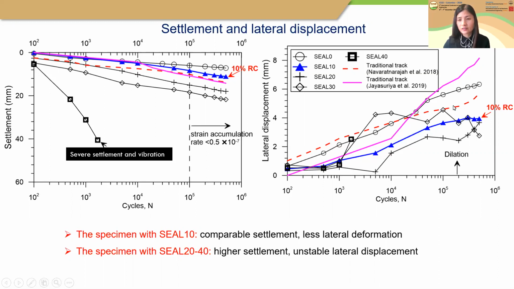As you can see, there is a fluctuation in the lateral displacement, which may cause some unstable lateral movement. So this is not good. This is what we don't want to see. Okay, so based on the settlement and the lateral displacement, the track specimen with seal having 10% rubber has the best performance.